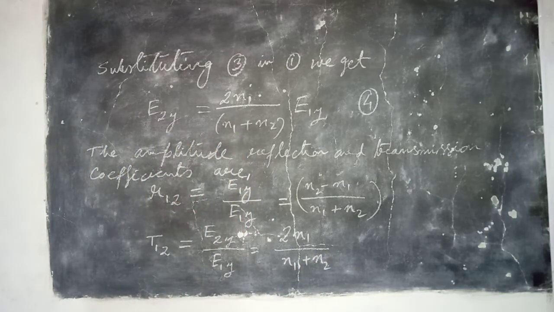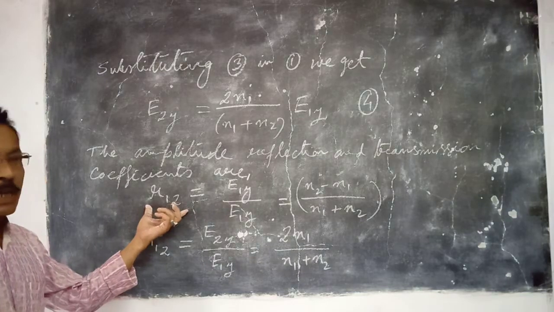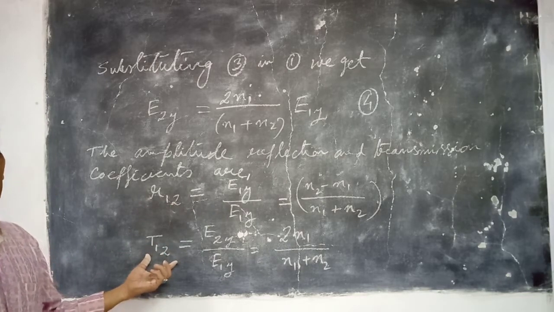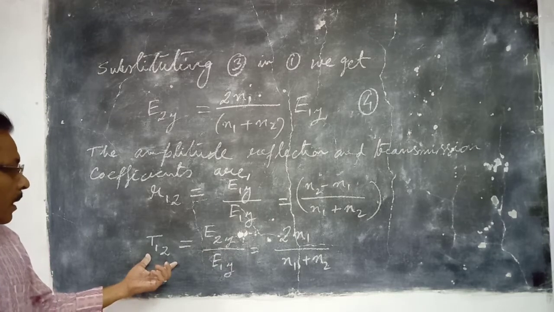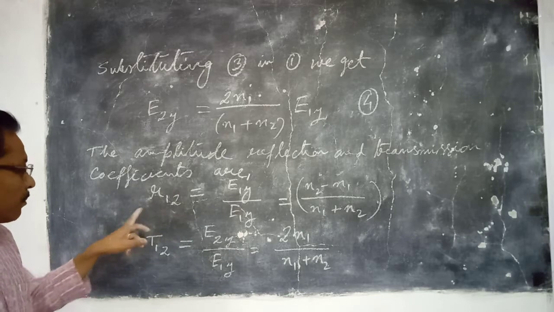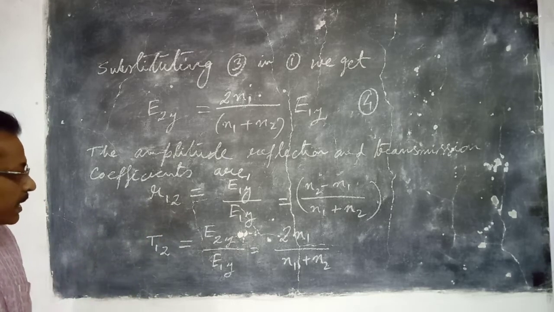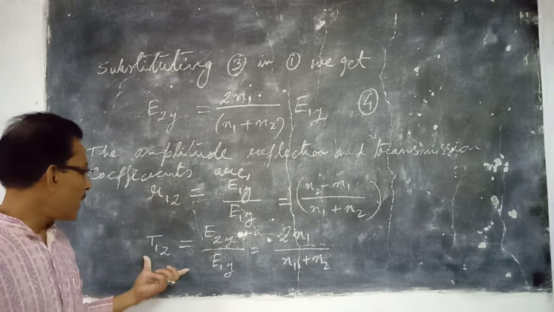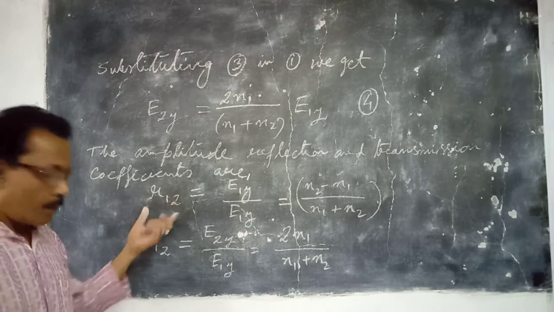So these are the amplitudes: how much part of the total amplitude is reflected back and how much part is transmitted in the second medium. This is in terms of amplitude, and we know that the square of the amplitude is proportional to the intensity. Now we calculate the transmitted power and reflected power.